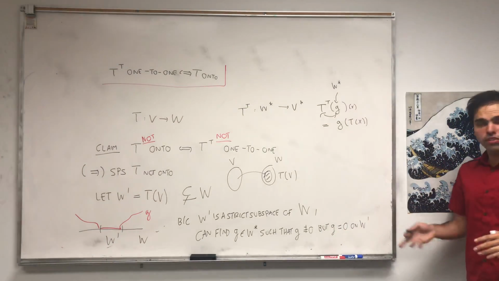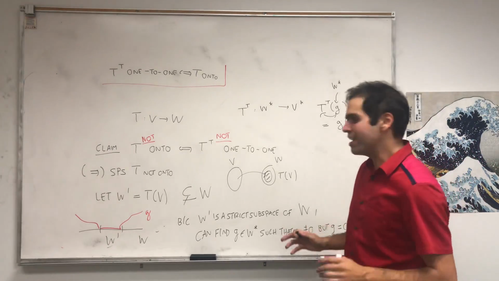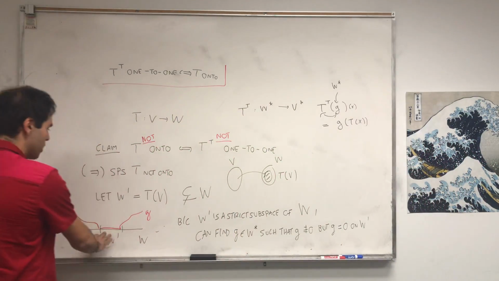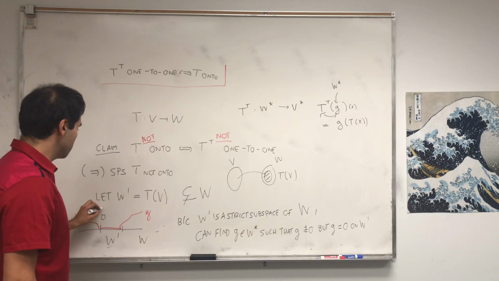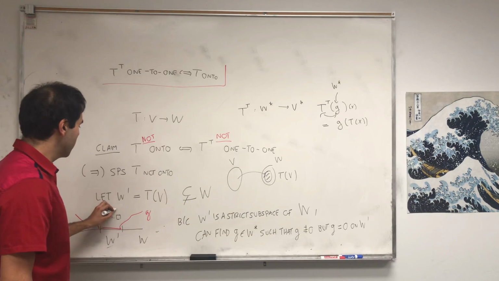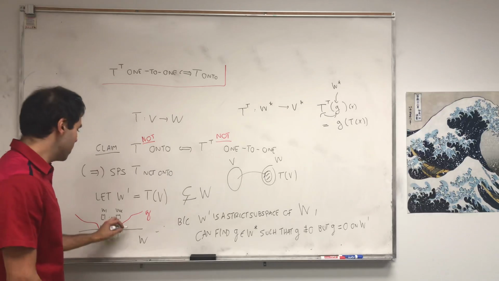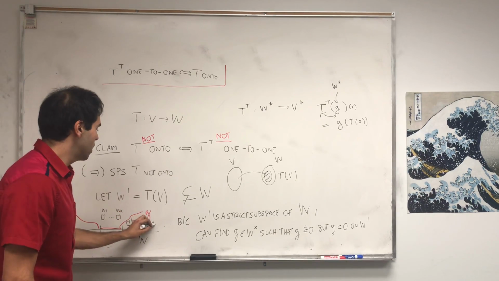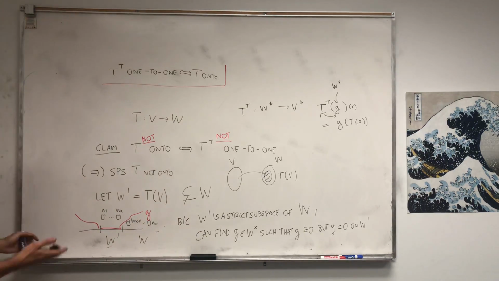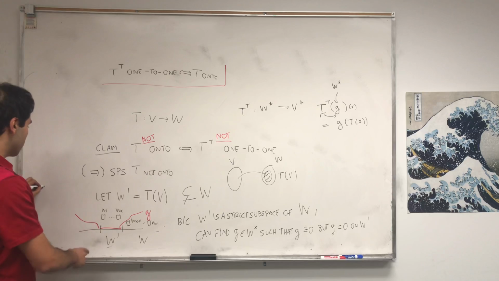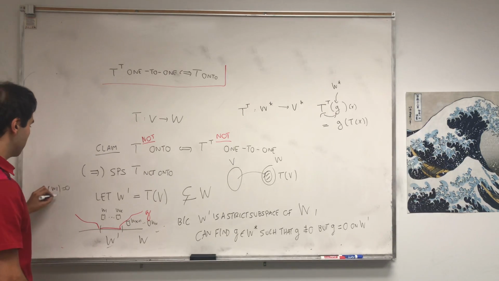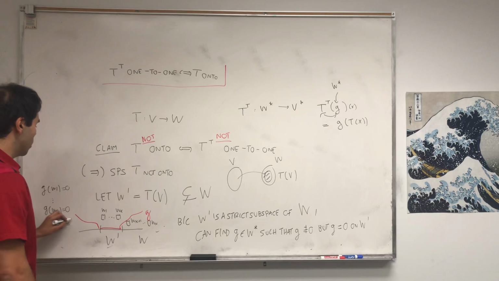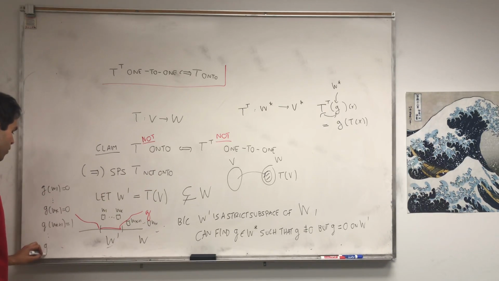And in case you want to see the proof, at least in the finite dimensional case, all you do is simply let W1 up to WK be a basis for W prime, extend it to a basis WK plus 1 up to, I don't know, Wn of W, and then you just define G such that G of W1 is 0, G of WK is 0, and simply G of, let's say, WK plus 1, it's 1, and then the other ones, whatever you want.